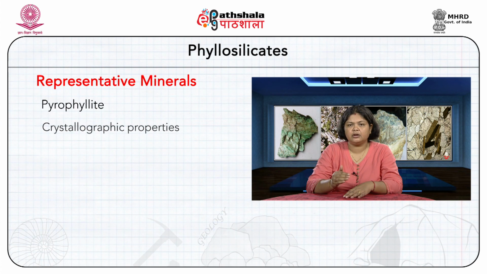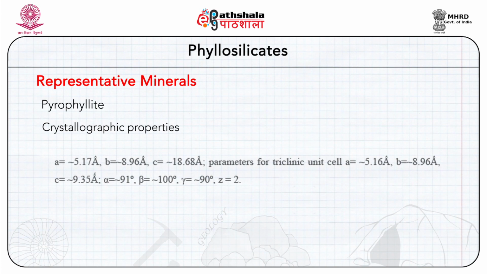Coming to the crystallographic properties of pyrophyllite, it crystallizes in both monoclinic and triclinic crystal system. Point group is 2/m and 1 bar. Space group is C2/c or C1 bar. Cell parameters for monoclinic unit cell are A equivalent to 5.17 angstrom, B equivalent to 8.96 angstrom and C equivalent to 18.68 angstrom.